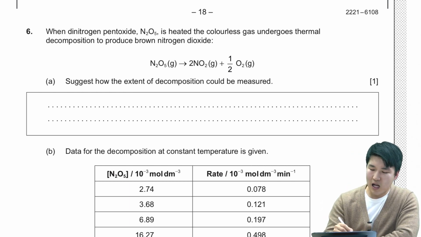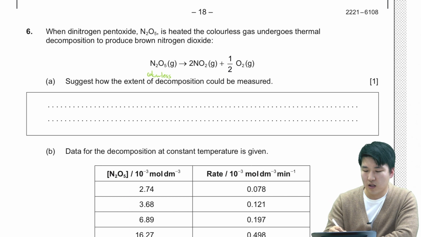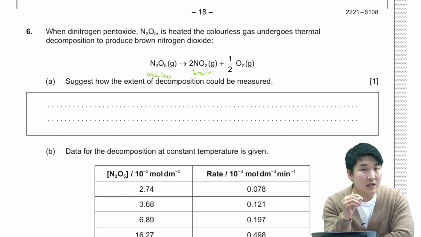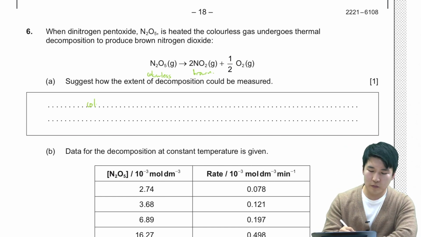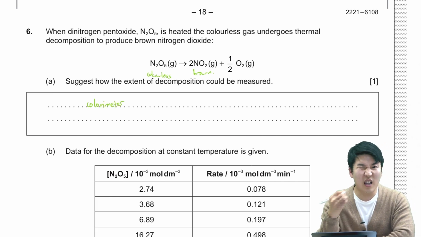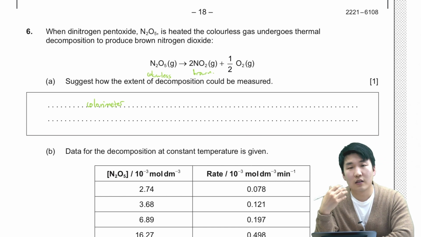Well, we're given that the initial reactant is colorless compared to the colored product, nitrogen dioxide, which is brown. A color difference does exist, which means we could use a colorimeter to measure how the brown color gets thicker and thicker and how fast.